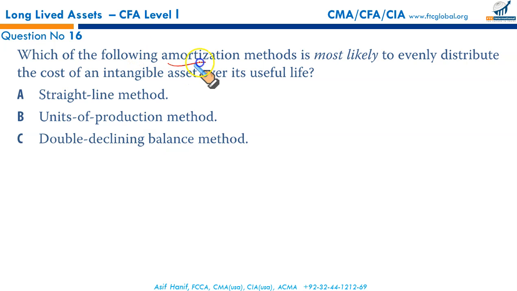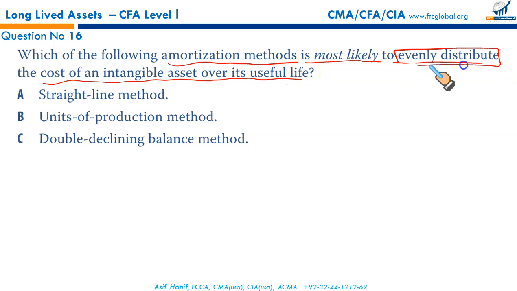Which of the following amortization methods is most likely to evenly distribute the cost of the intangible asset over its useful life? An intangible asset is to be amortized, and we want to use a method that will evenly distribute the amortizable base. The straight line method charges equal depreciation every year. Units of output is variable.